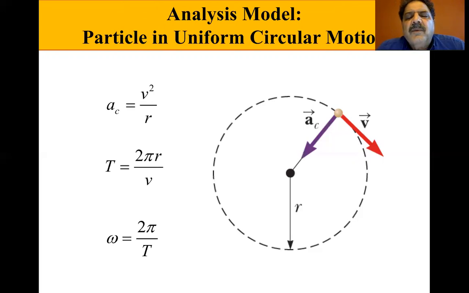We'll learn that most orbits are elliptical, but they're very close to being circles. A charged particle moving in a uniform magnetic field. We'll get that in the next semester. An electron in orbit around a nucleus in the Bohr model of the hydrogen atom. That's the old-fashioned model. Now it's a probability cloud.